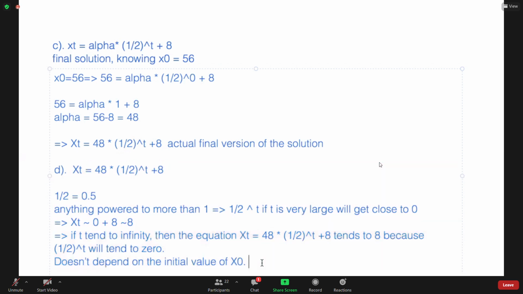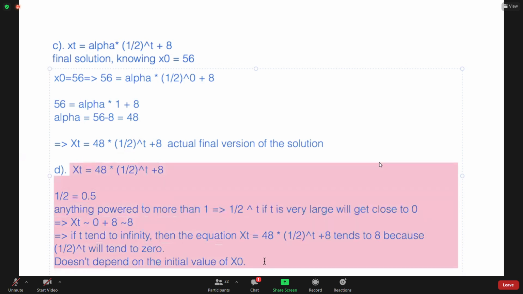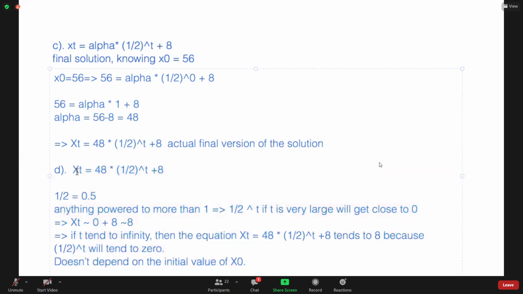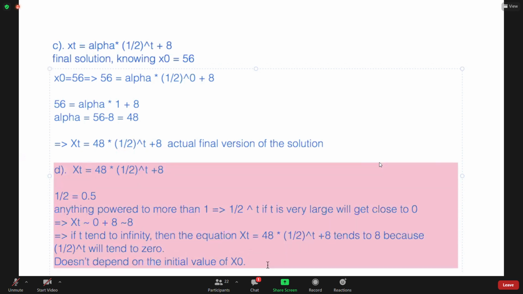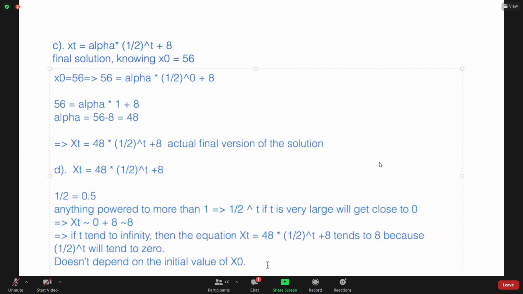However, if you feel like you are curious about limits and tendencies, we can further discuss. If you text me on WhatsApp afterwards, I can tell you a little bit more about it. So you don't really have to worry about this exercise if you didn't understand it completely, because it's not something that's going to go into your exam. However, part C is. So if you understood this, then we're all good to go. So let me know.